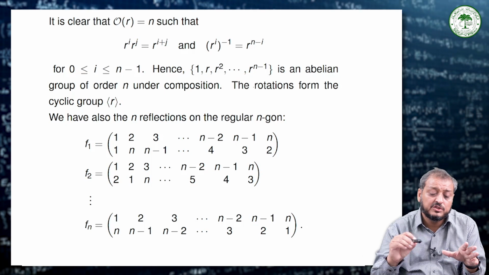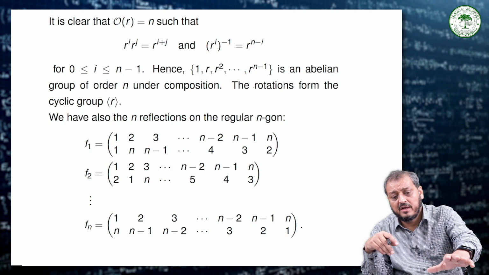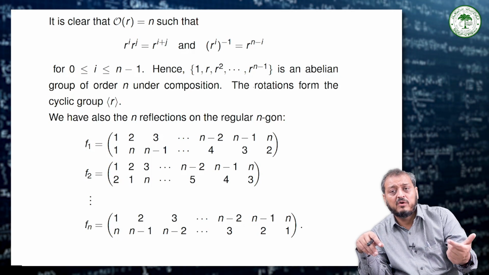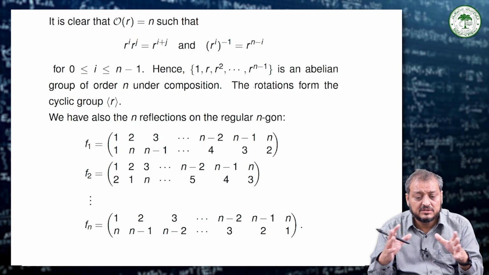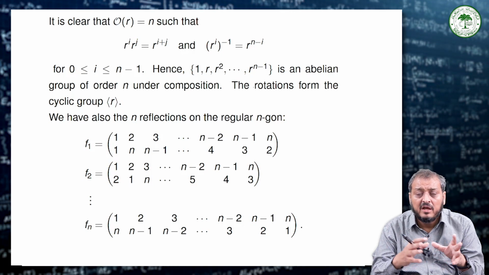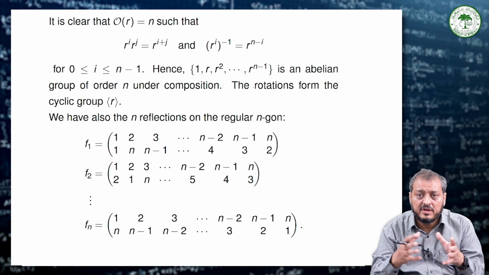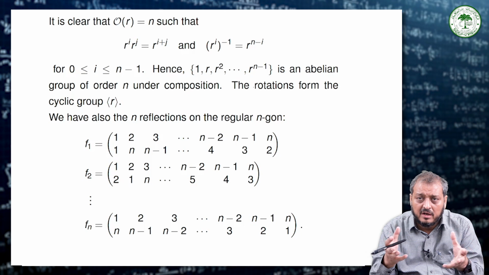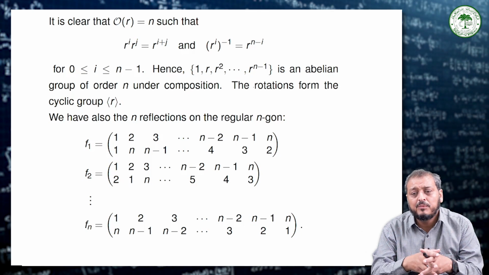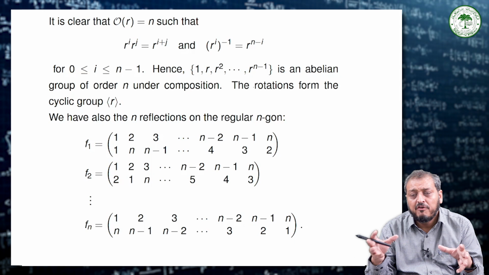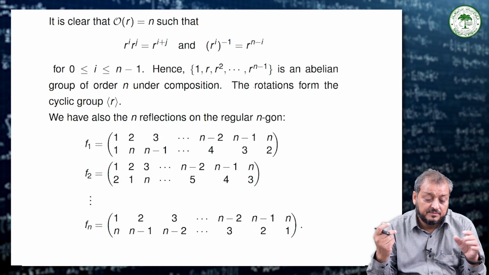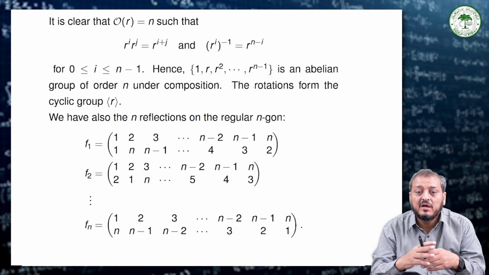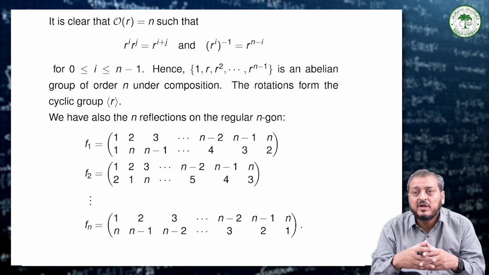We have already shown that for rotations the order of r is n, and this forms an abelian group of order n under composition, and this rotation forms a cyclic group generated by r. Now we also have the n reflections of the regular polygon.